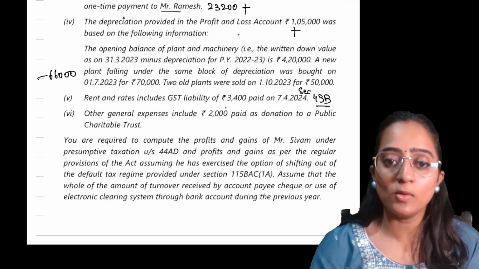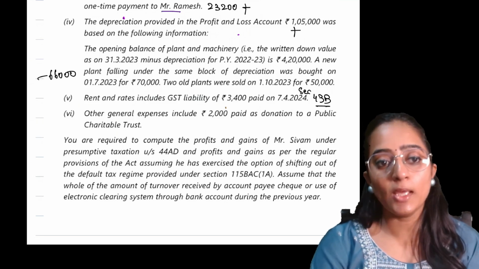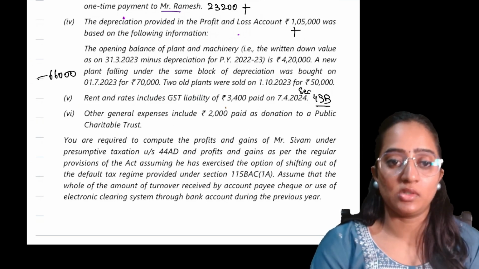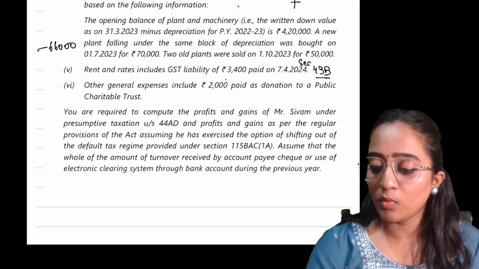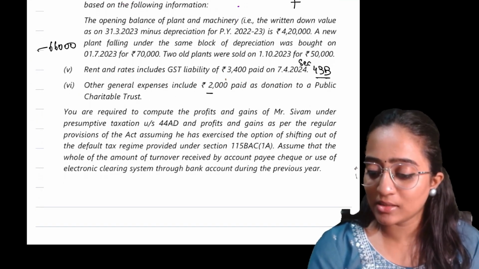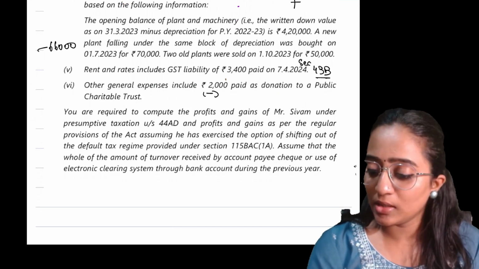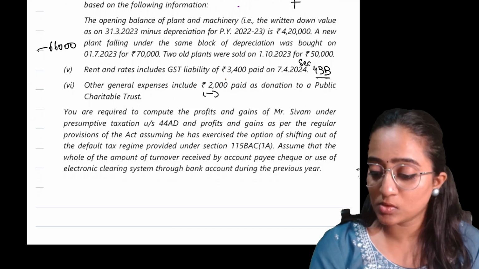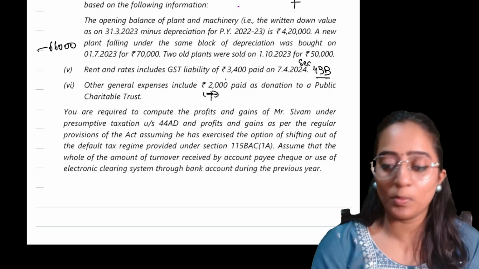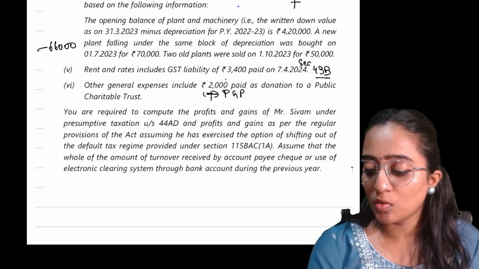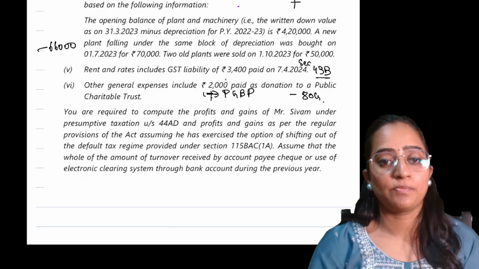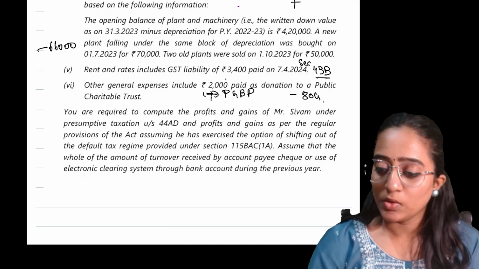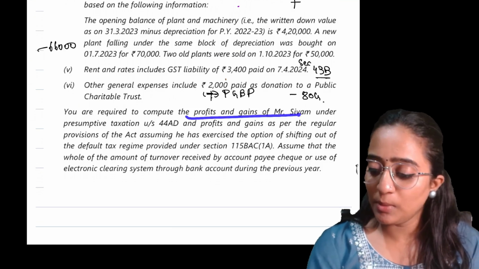Clear? Now, tell me what you will do, people. You will subtract this under PGBP and give this as expenses? No, you will add back, disallow this under your PGBP, and you're going to allow it under 80G as the deduction. Both are available.